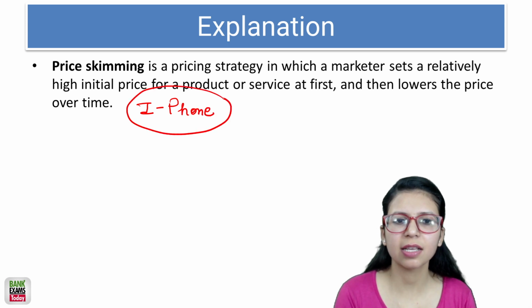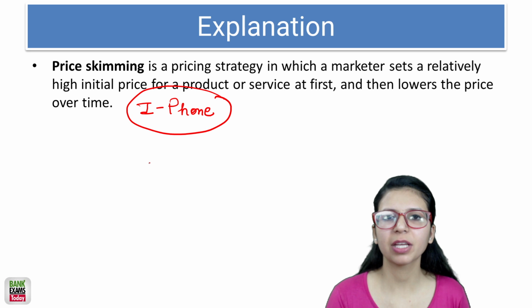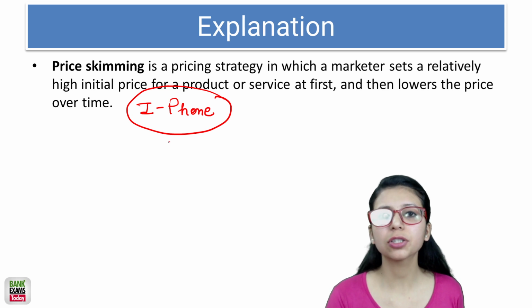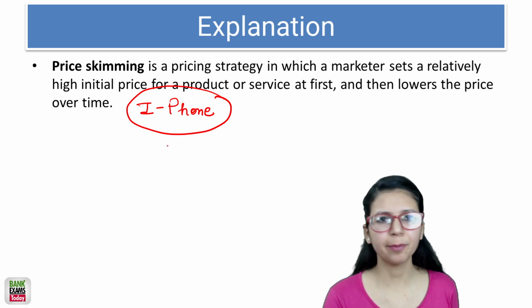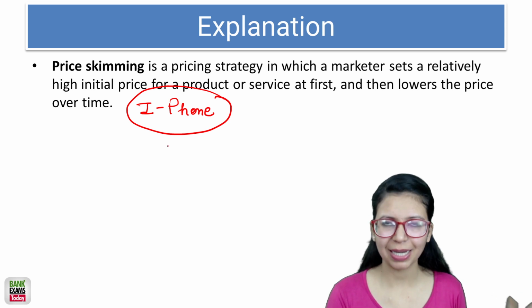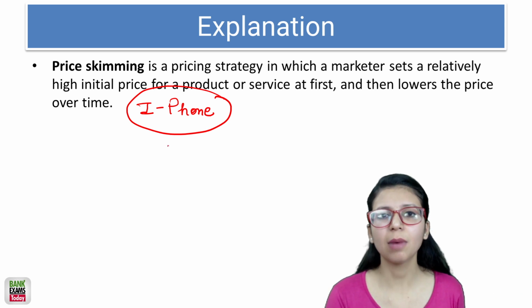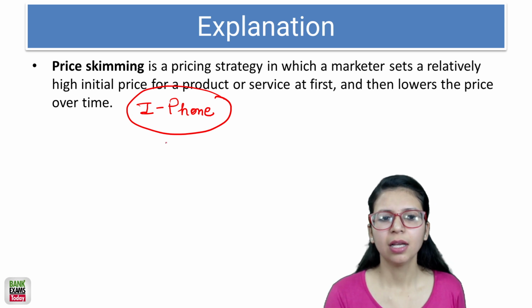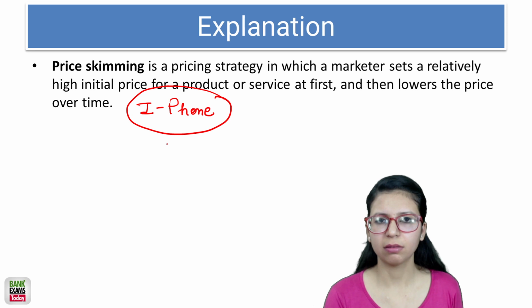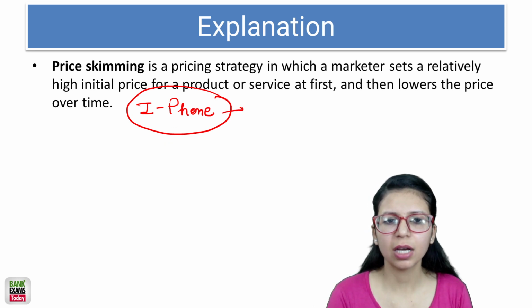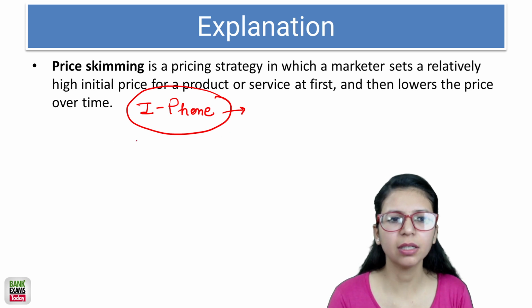The iPhone is the classic example of this price skimming strategy. When any new iPhone is launched, the price is usually kept very high, and once the product makes its place and survives in the market, the price is usually lowered.